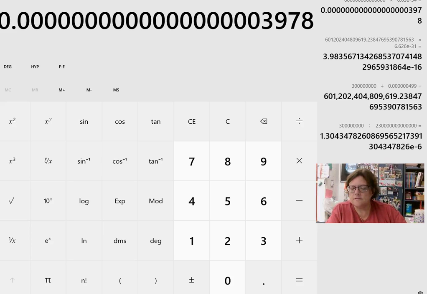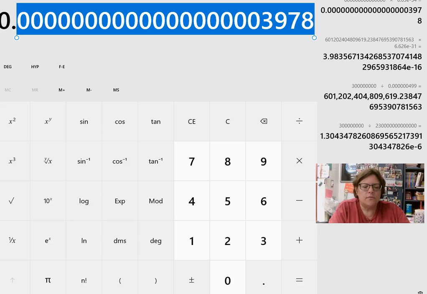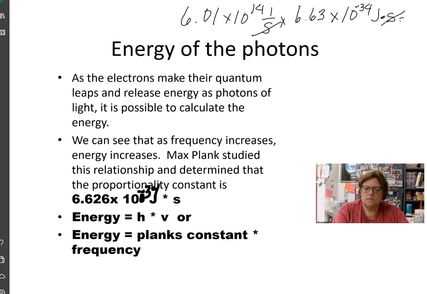Why isn't this in scientific notation? 1, 2, 3, 4, 5, 6, 7, 8, 9, 10, 11, 12, 13, 14, 15, 16, 17, 18, 19. 3.98 times 10 to the negative 19th joules.